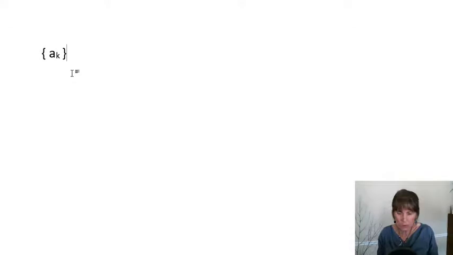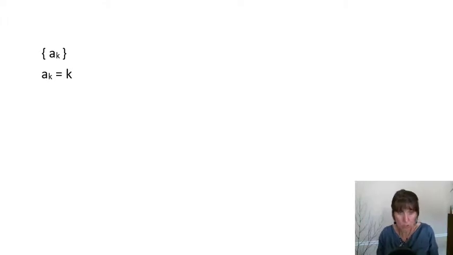Remember, with the term we just don't put the curly braces. So the term is equal to, and here's where the formula is. We could say that it is equal to K raised to the power of 2.